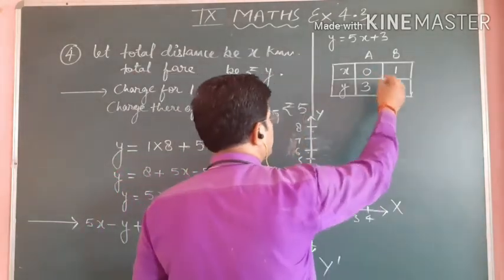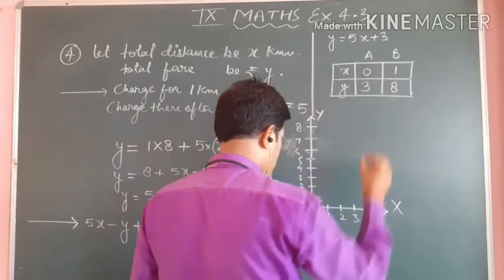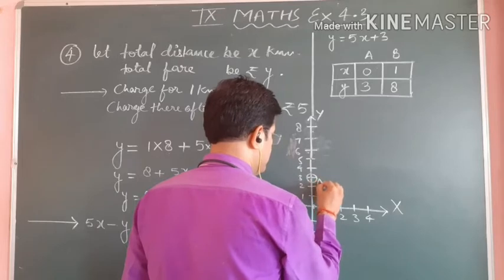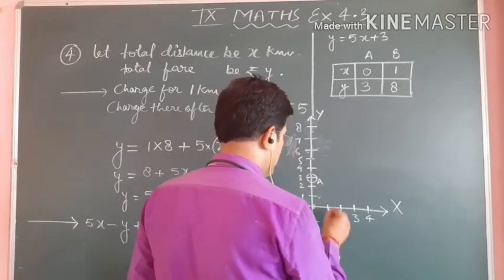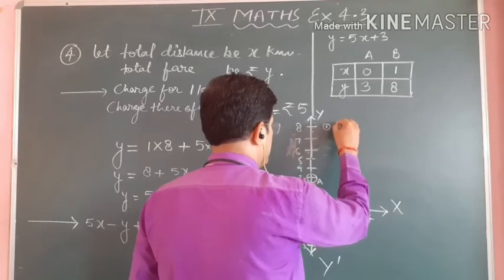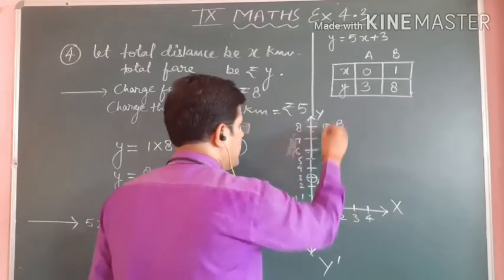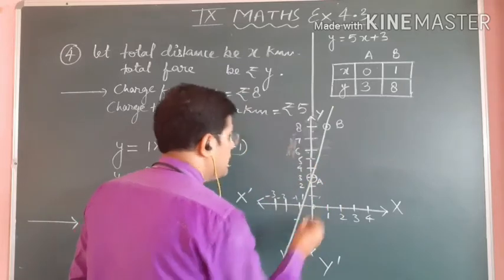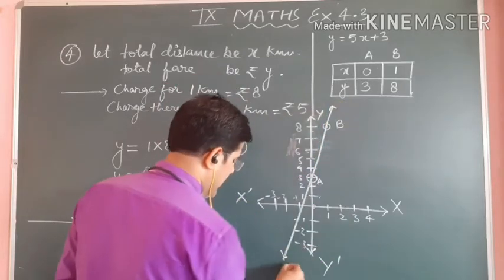So the first coordinate is 0, 3, it's point A. Now the second point, 1, 8. Here it is, this one is B. If you join them, here is the line.